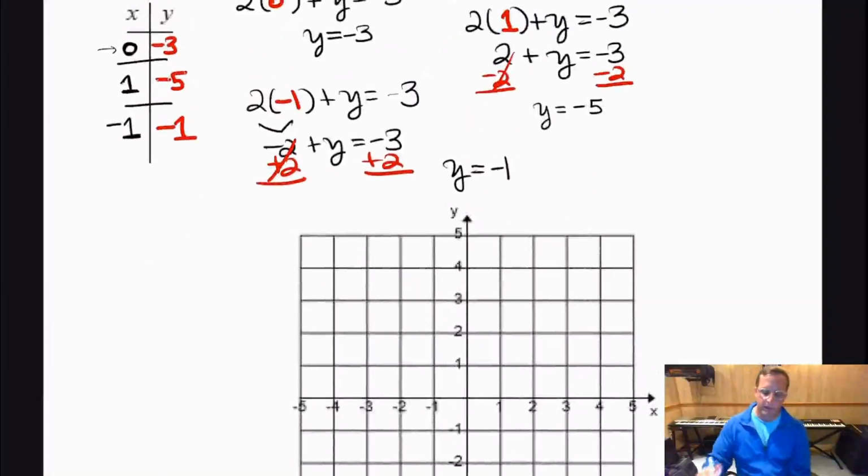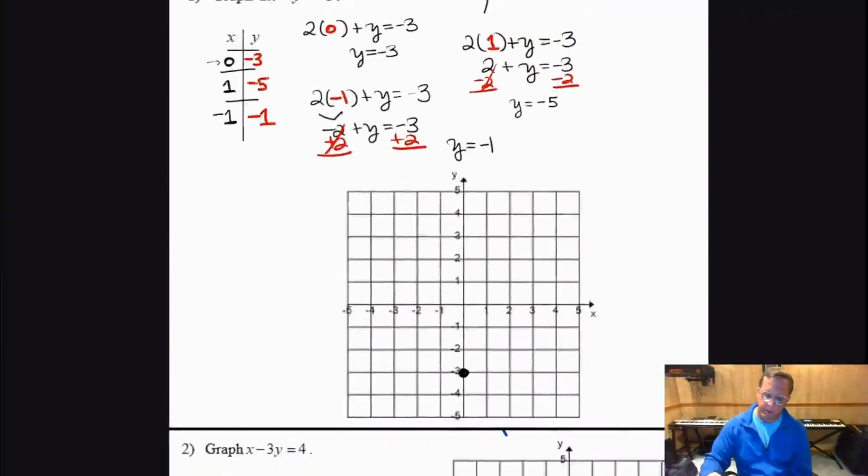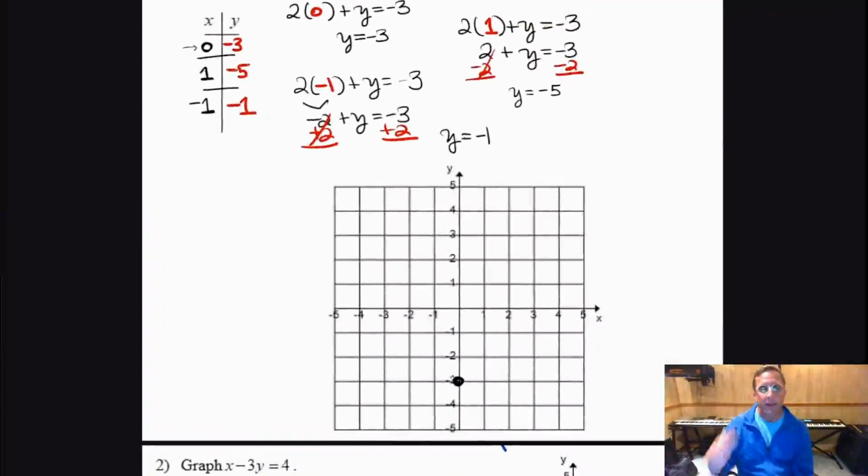So let's go ahead and confirm that by graphing it. So we got 0, -3. 0, -3 is going to be right here. And then we've got 1, -5, and that's going to be right about there. And now we can tell that it's following this progression. I'm not being very neat on purpose, but the third point should be somewhere around there.